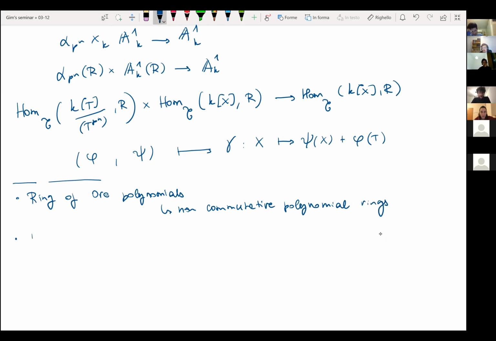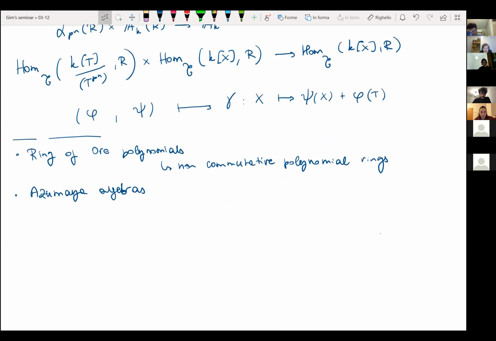And with Azumaya algebras, which are a generalization of central simple algebras. And actually, under some hypotheses, the rings of Ore polynomials are an example of Azumaya algebras.